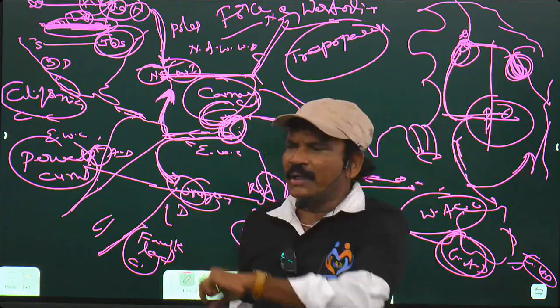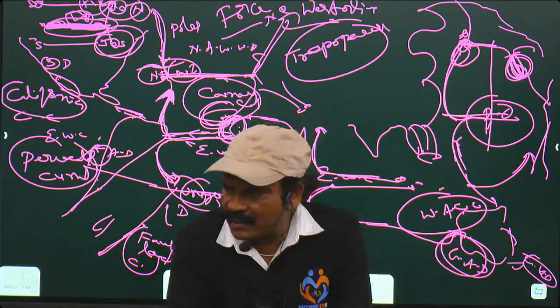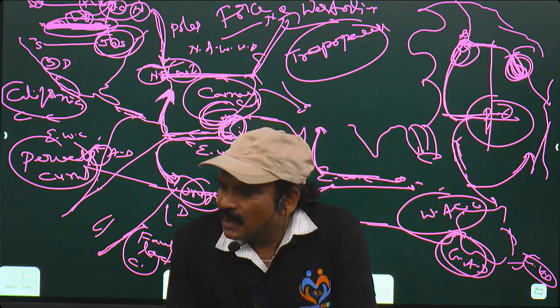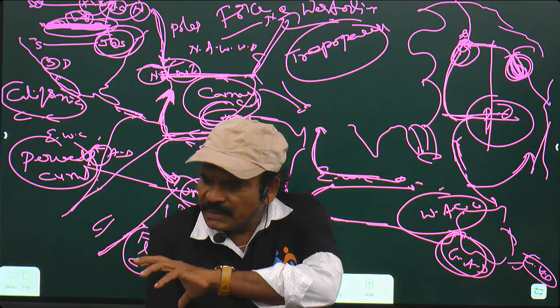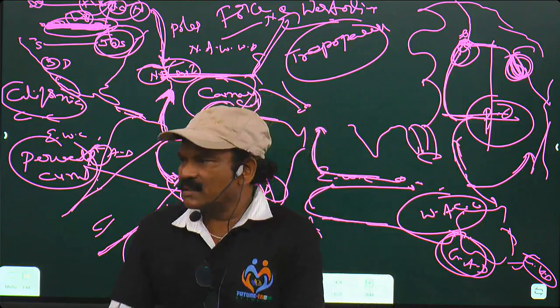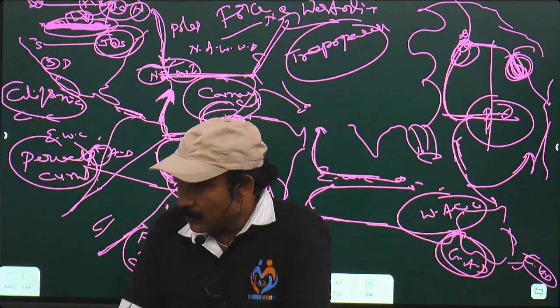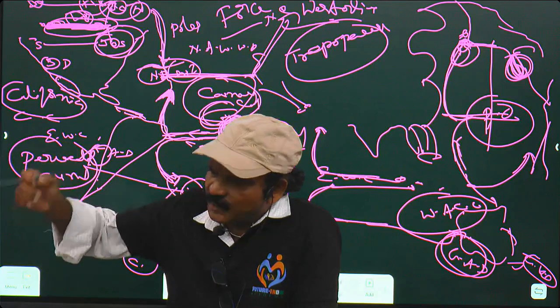Arabian Desert has been located in the western side of Asia.